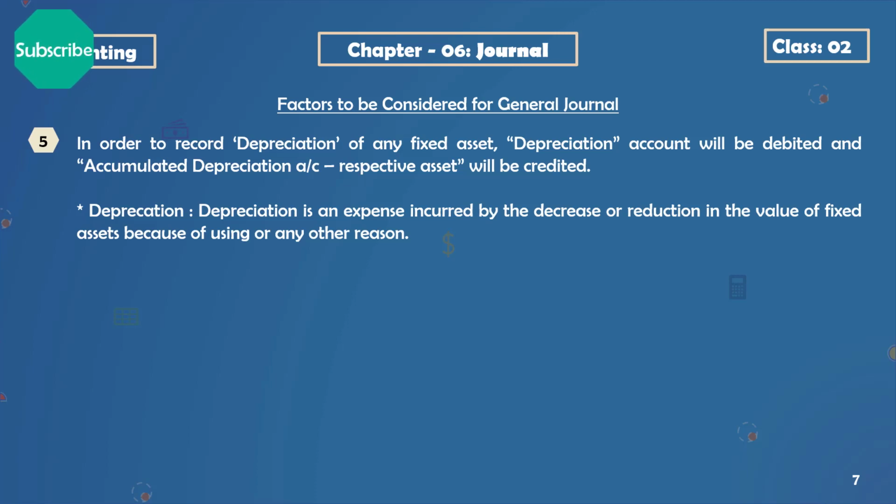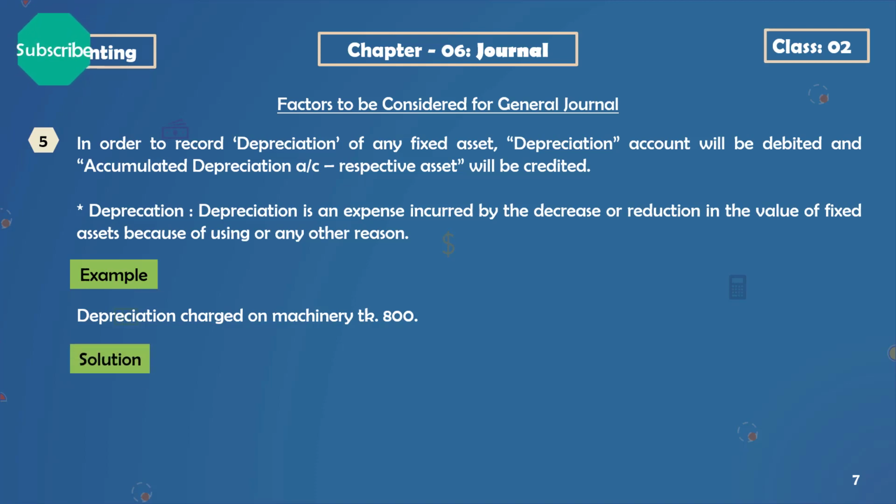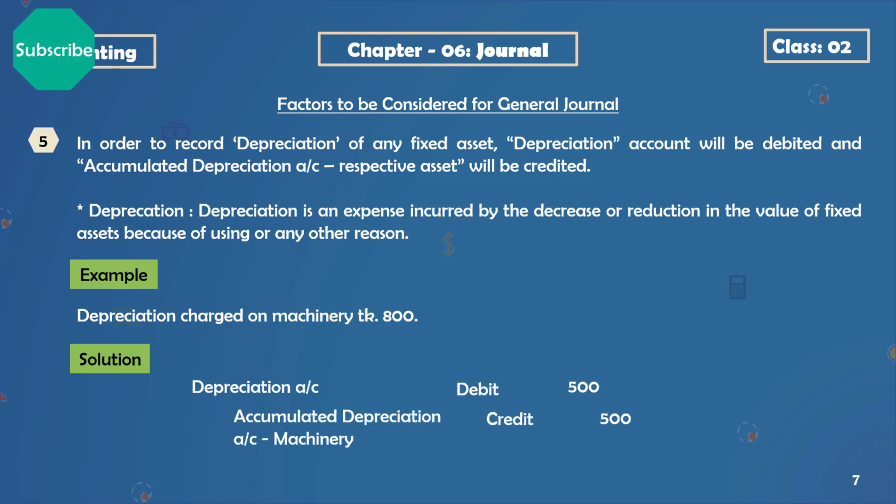That means the asset's name on which we are charging depreciation. Okay, so example: depreciation charged on machinery taka 800. This time we are charging depreciation on machinery, so the respective asset is machinery here. So solution: depreciation account debit, accumulated depreciation account machinery credit.